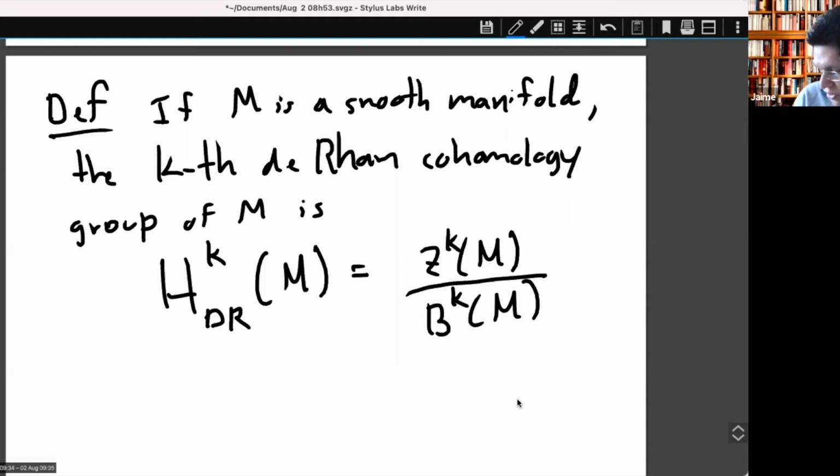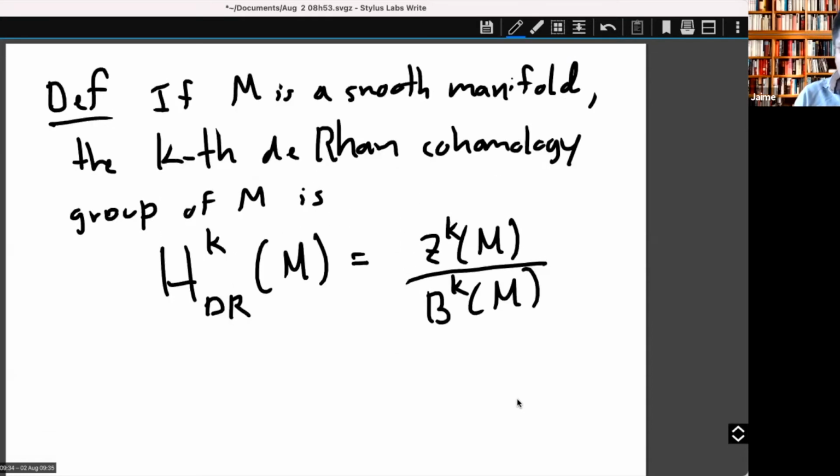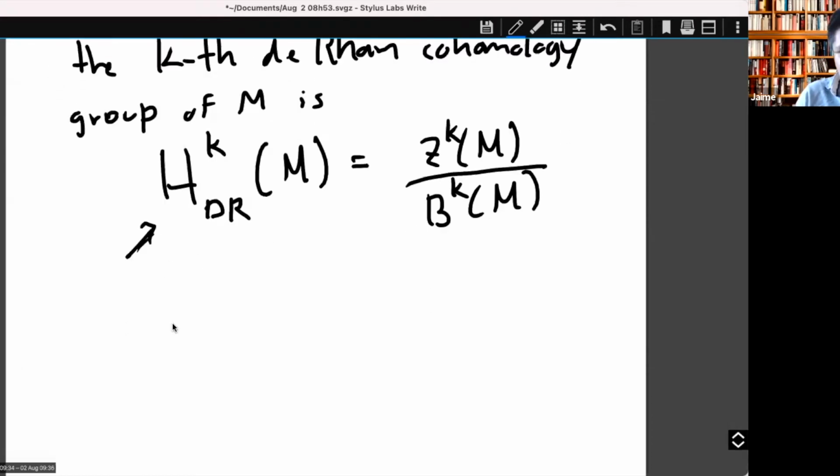Okay, this model. So now, why do I use the letter H here? Because we reserve this for cohomology in general. Well, first of all, I didn't say this, but you have a complex here, actually.